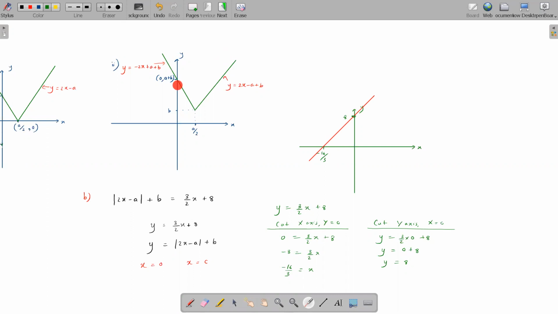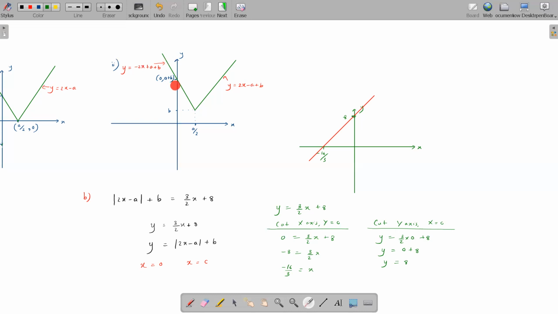That means there needs to be two intersecting points. One is at x equals 0, so I know x equals 0 at the intersecting point, and I also know the y value. It's y equals 8.